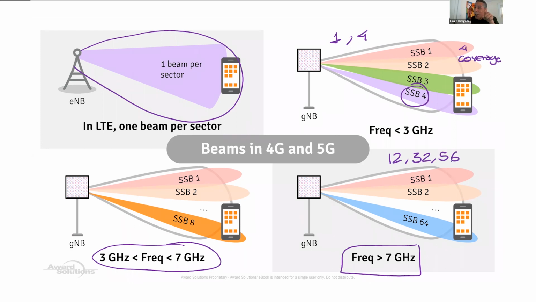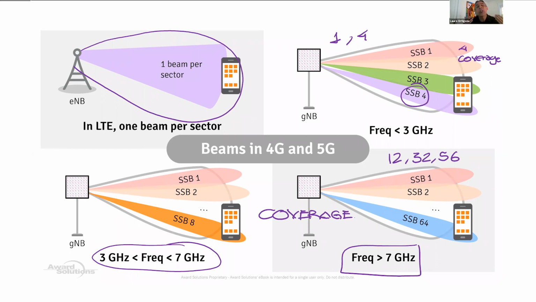So there you go. This is an example, guys, in which we have 8 coverage beams. Remember, my coverage beams carry my primary synchronization signal, my secondary synchronization signal, and my PBCH. Let me show you a picture really quick so you have an idea.